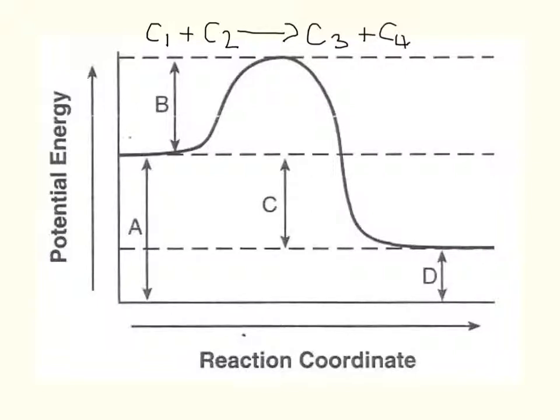C1 and C2 are here. Those are the reactants. And then C3 and C4 are here. So these are our products. I'm just going to put product and react. So that's where they're located on the diagram.